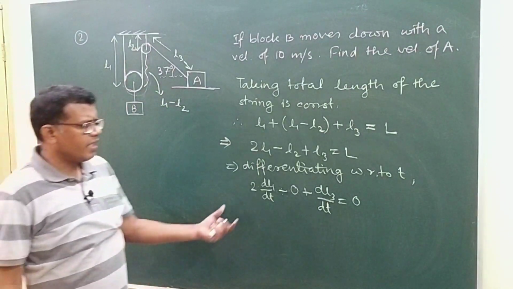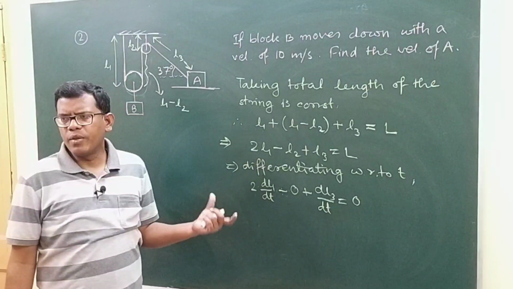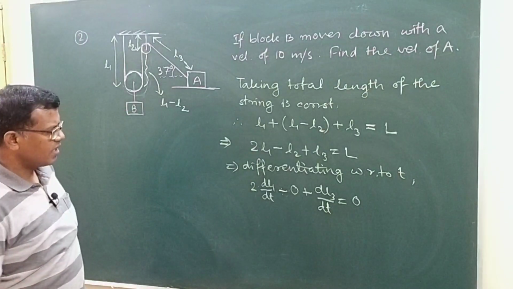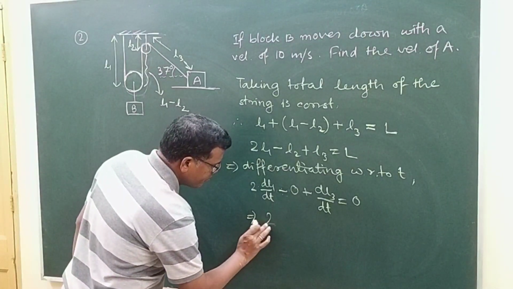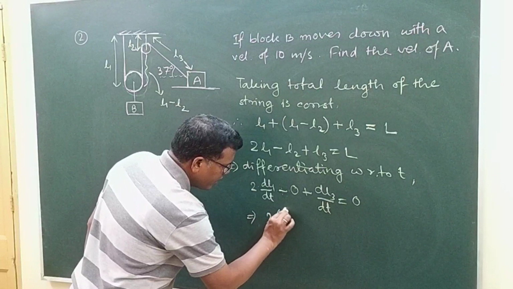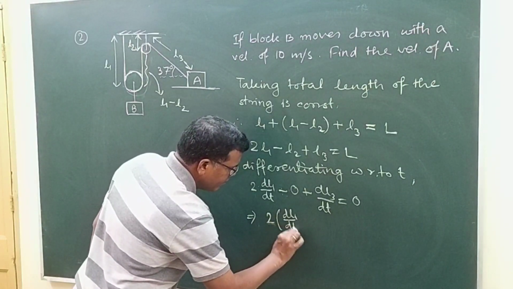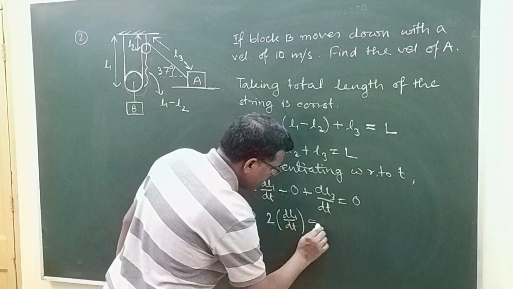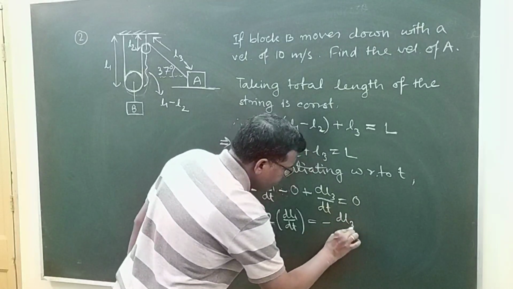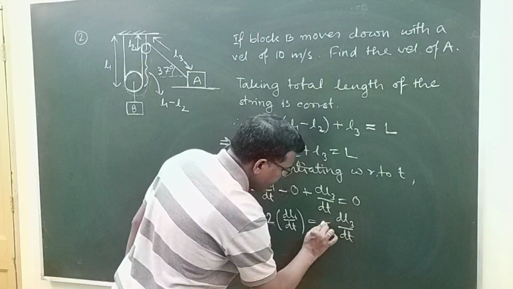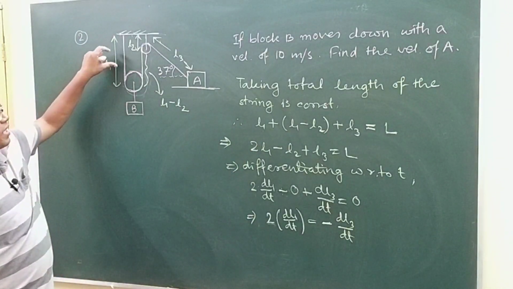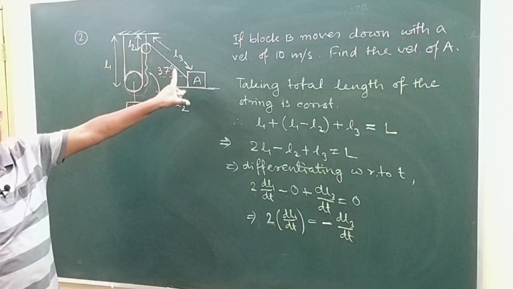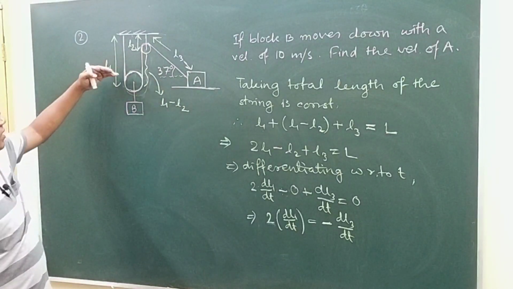So ultimately we get the relation between dL1/dt and dL3/dt. Twice dL1/dt is basically minus dL3/dt. The negative sign is just because one portion is decreasing while the other is increasing, or vice versa.